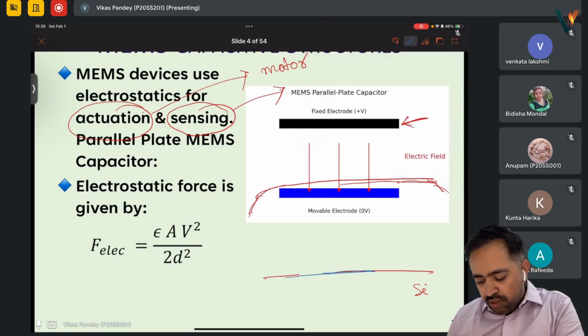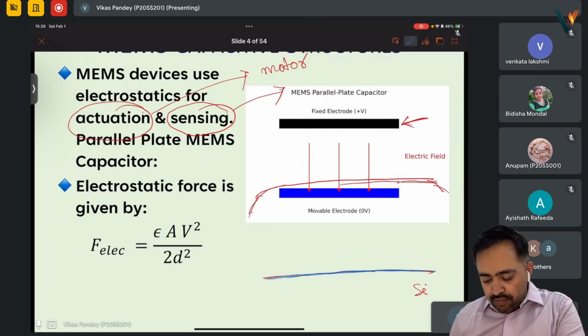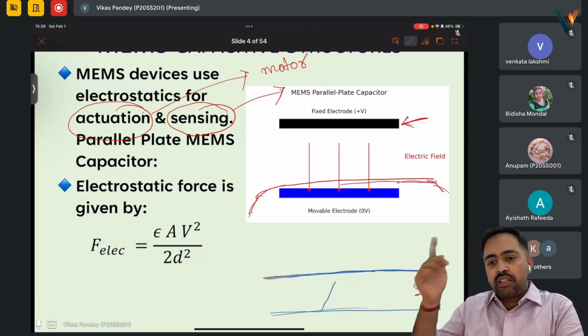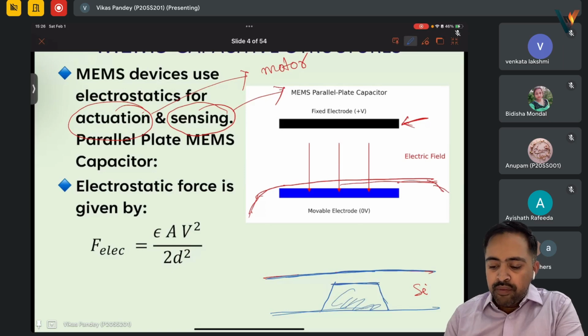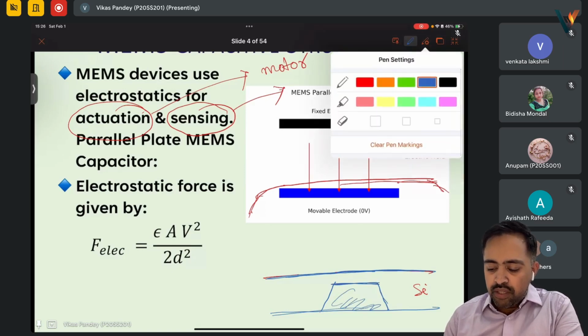This is the top surface, this is the bottom surface, and we will see how we create such a hollow structure in silicon. So we etched out or removed this lower part, and we achieved something like this.